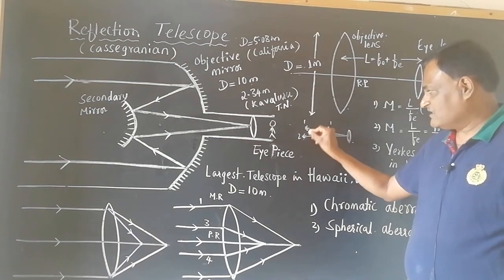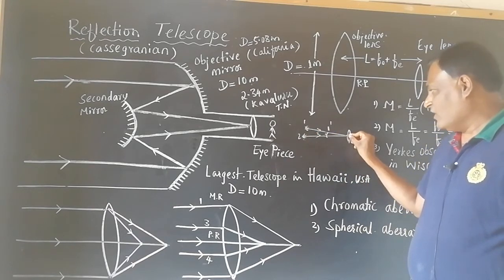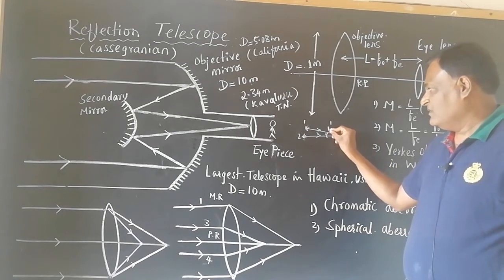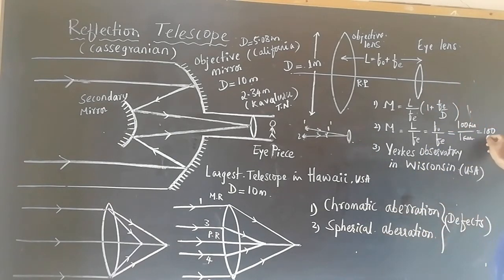So, the light rays coming from these two stars 1 and 2 form an angle of say 1 minute at the objective lens of the telescope, then the angular magnification is 100 times.